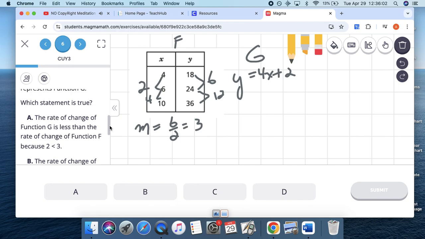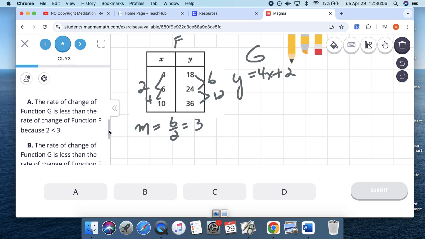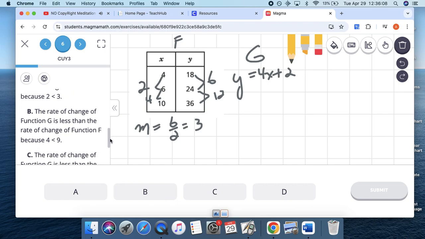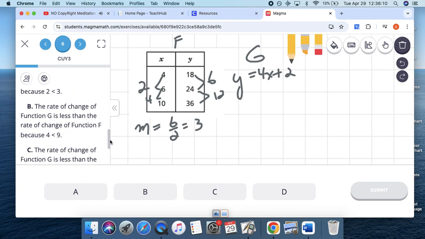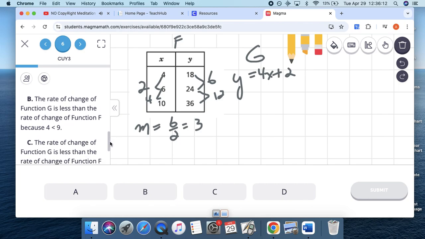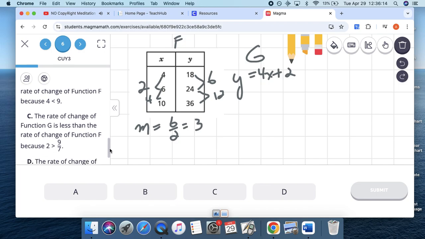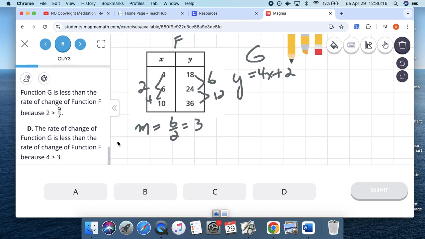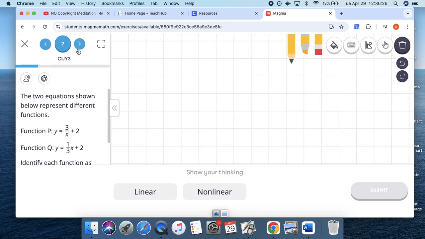The rate of change of g is greater, though. I don't know, what am I missing? Skip. If you have the answer, let me know. I don't think any of them make sense.